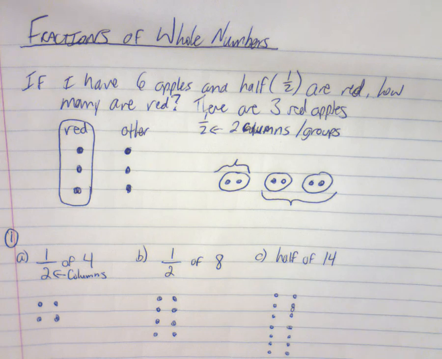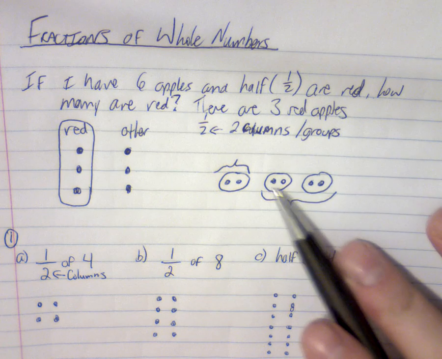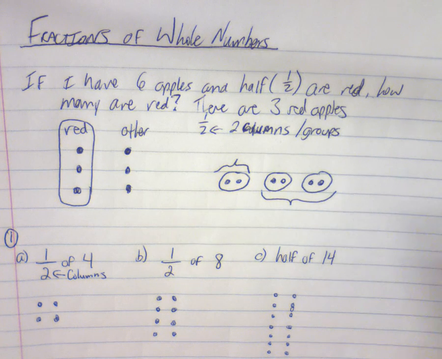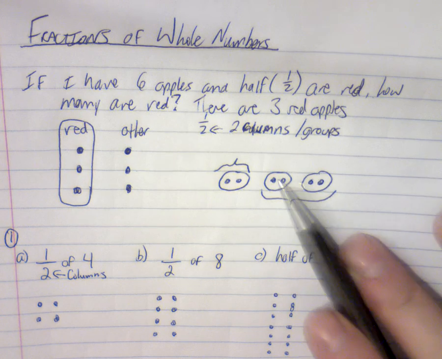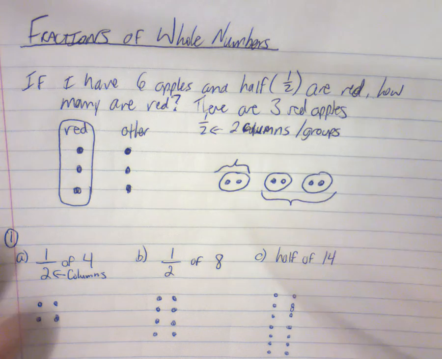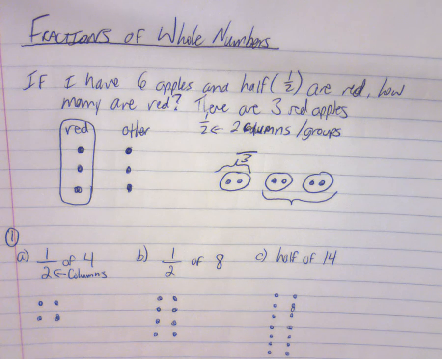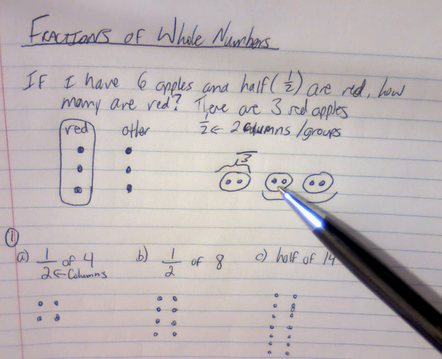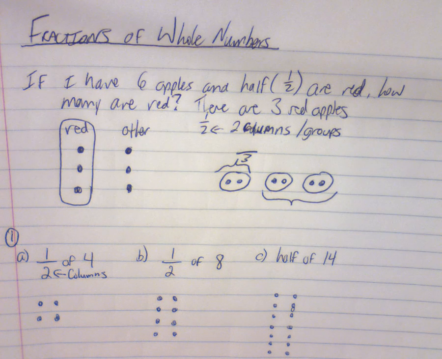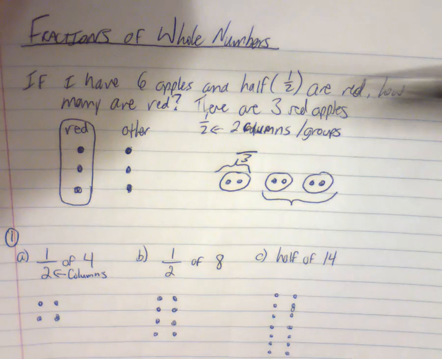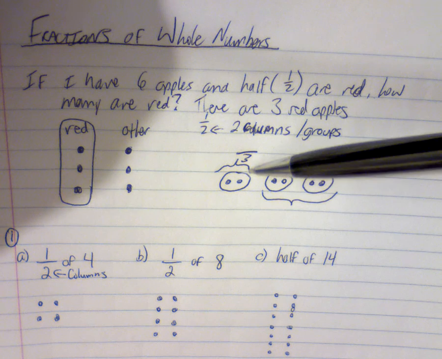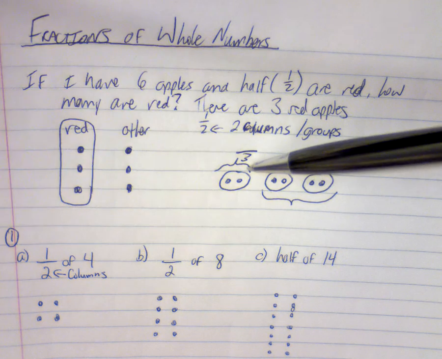So when we're looking at something like this, how many groups do we have? Well, 1, 2, 3. We have 3 groups. And how many are in each group? 2, 4, 6. So we want to know what this group equals.